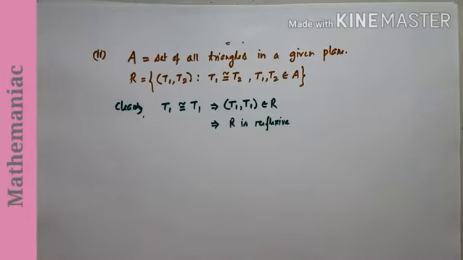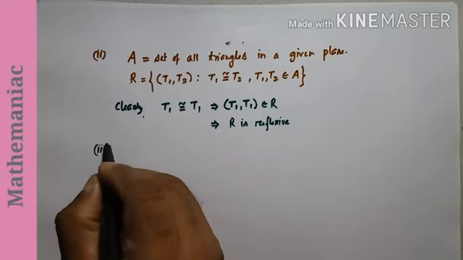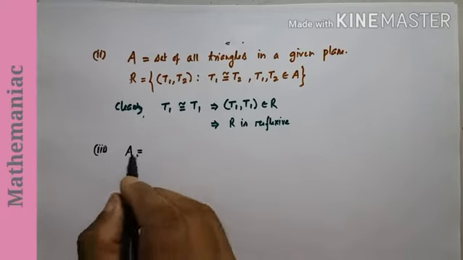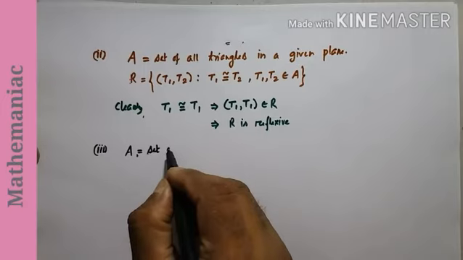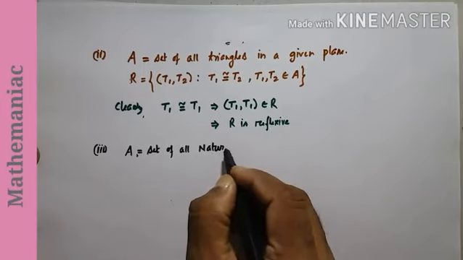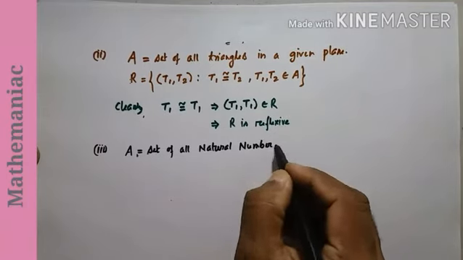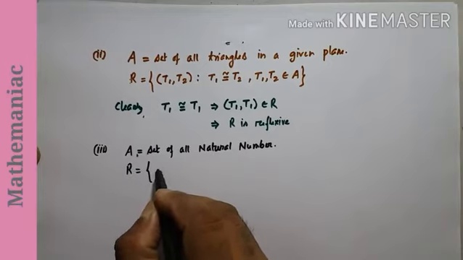One more example I would like to consider. Example number 3. Say this is set A, the set of all natural numbers, and the relation I would like to consider is something like this.